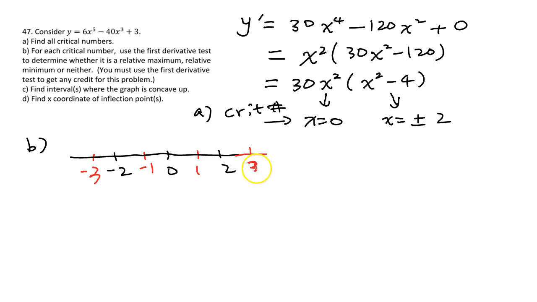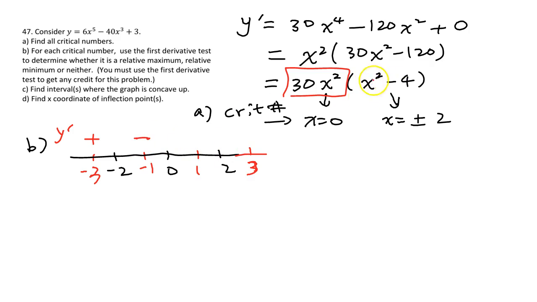We plug that into this function here, -3 plugged in, that's positive. Okay, y prime. If I plug in -1, that's negative. Well, this is always positive because 30 is positive and x squared is always positive. So we only need to figure out what happens here. So that's negative.